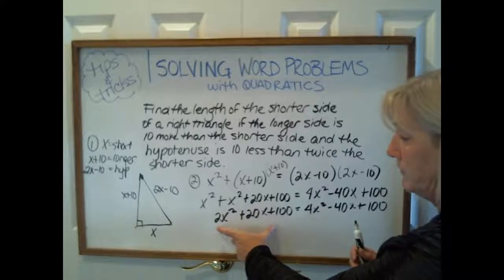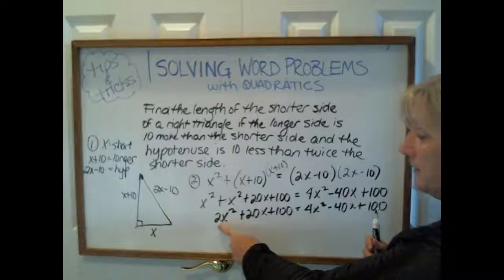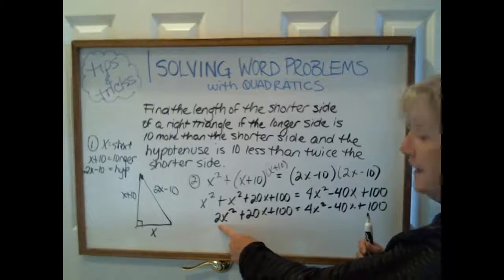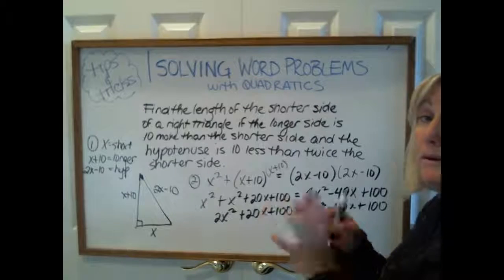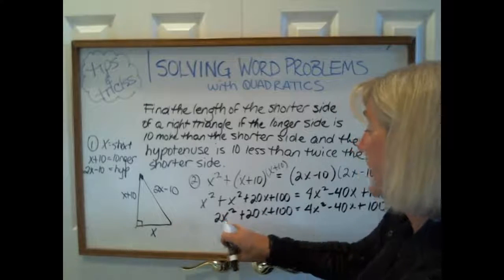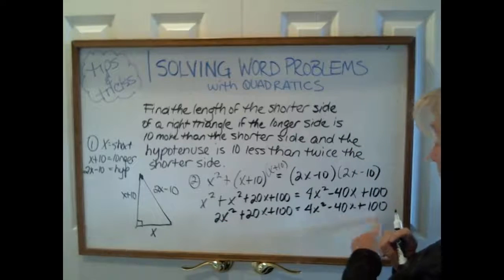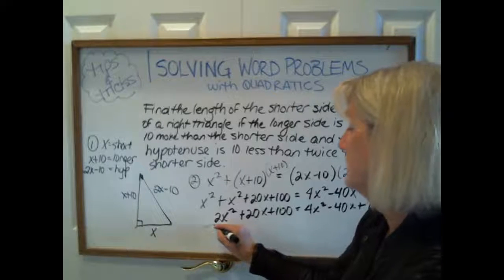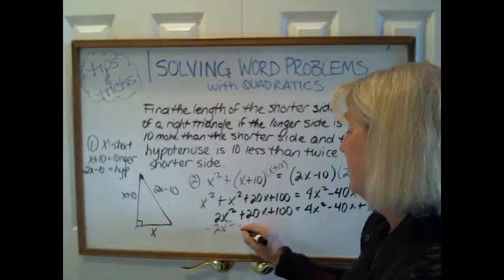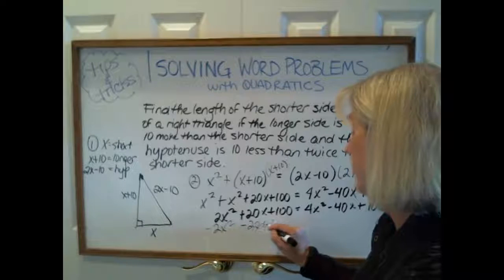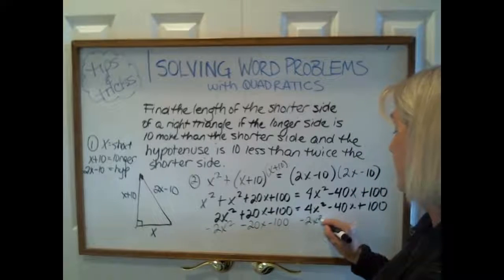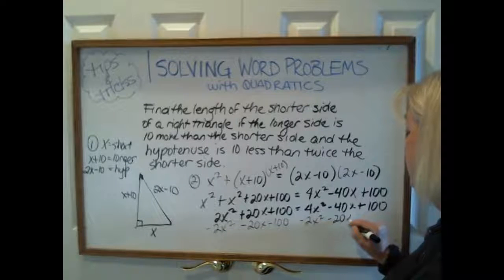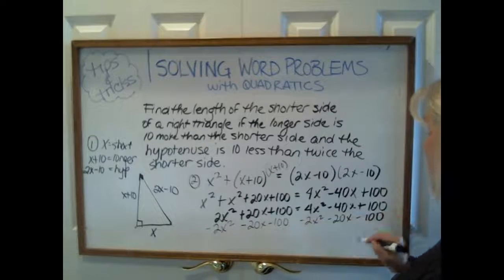I'm going to move this side over here because this 2x squared is smaller than the 4x squared. So I'm not going to get negative numbers, which are big places for mistakes. So I'm going to subtract all these things from the like terms over here: minus 2x squared, minus 20x, minus 100.